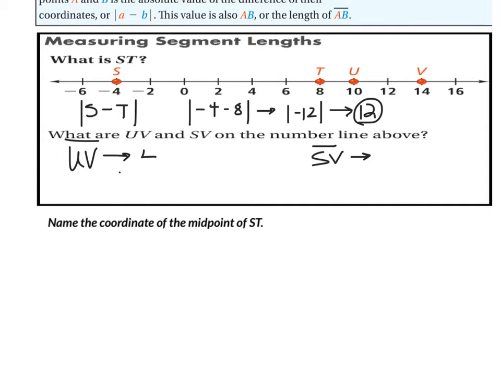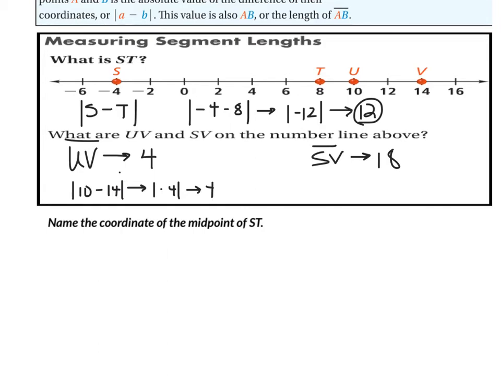Or if I were to actually calculate that, I would take the absolute value of 10 minus 14, and that would give me the absolute value of -4, which is +4 units. Okay? And then if you look at SV, from S to V, that's a long ways, so I'm counting by twos. Start at S, that's 2, 4, 6, 8, 10, 12, 14, 16, that's 18 units.